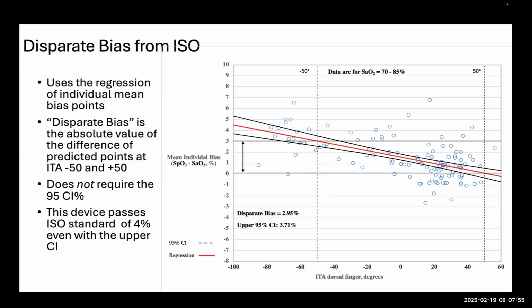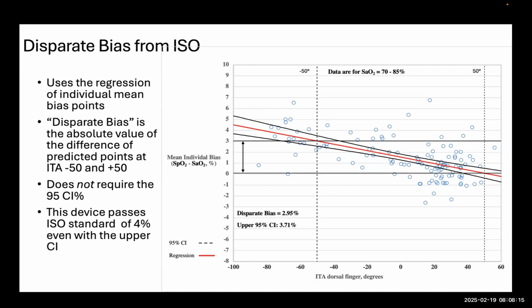So you can see this plots out and shows the difference of the predicted point at -50 and +50, and that comes out to be a disparate bias of 2.95. I did put in the 95% confidence interval here, which is 3.71, which is still below the ISO requirements.